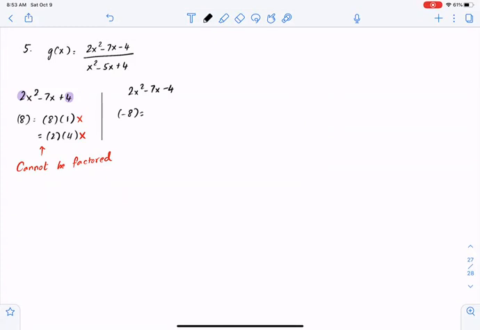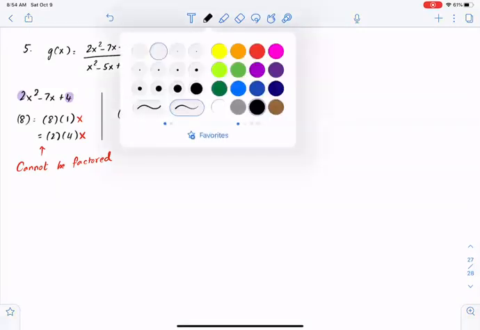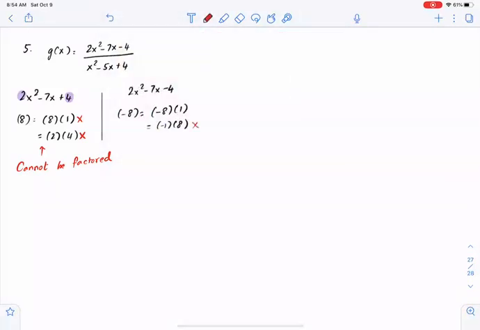Minus 8, which I could write as minus 8 times 1, or, excuse me, negative 1 times 8. If I add negative 1 and 8, I am going to get positive 7. That's not going to work.